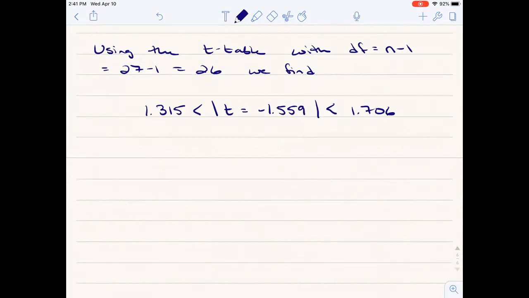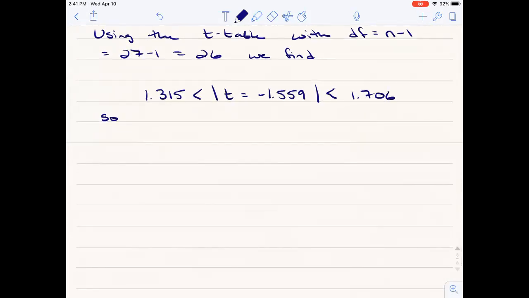The absolute value just says ditch the negative. And then again, I need a one-sided p-value, because we have a one-sided test. Now you scroll down to choose your one-sided or your two-sided. We decided we need a one-sided. And reading these from right to left are one-sided p-values between 0.05 and 0.10.